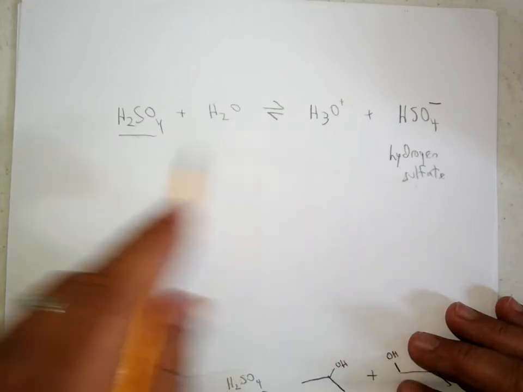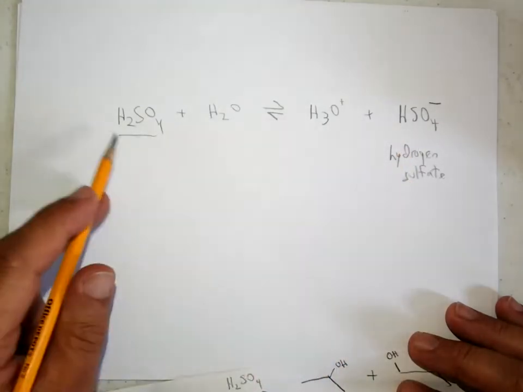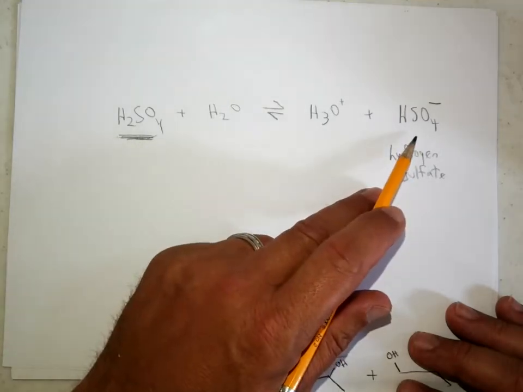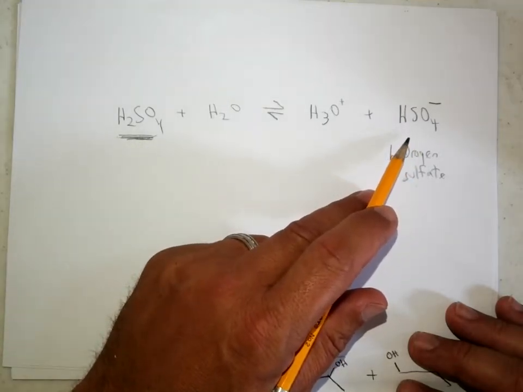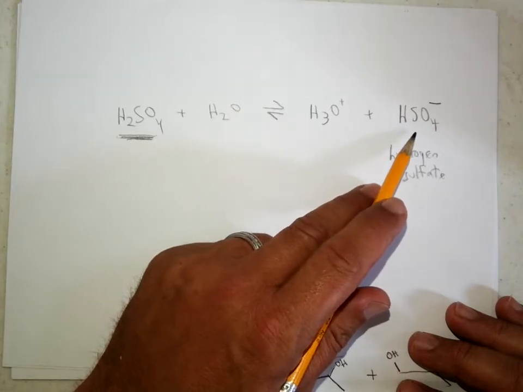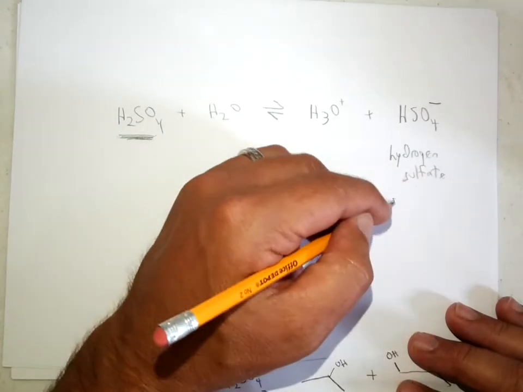And this is extremely unreactive. Since it's the conjugate base of a very strong acid, it's not very basic at all. And if you go and study nucleophiles, it's not very nucleophilic at all. So this isn't really going to react with anything. It ends up being pretty much a spectator.